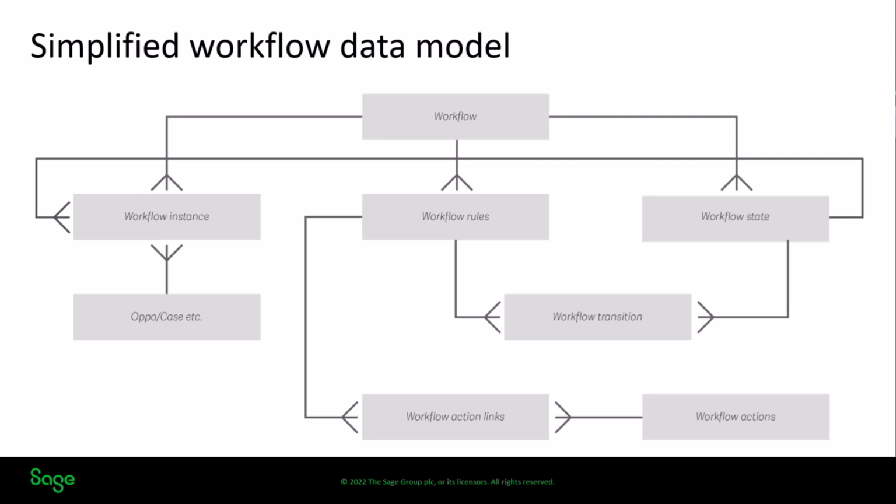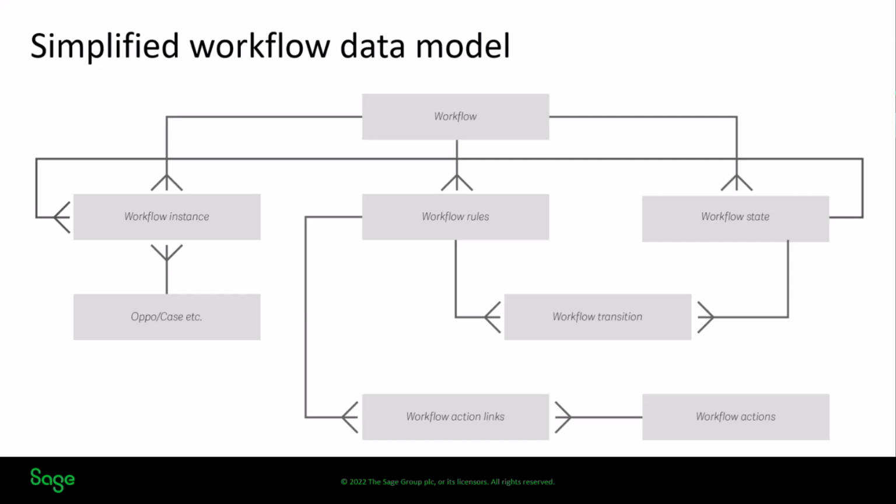When we come on to looking at some subsequent lessons, we'll explore more on how we can programmatically control what's going on in workflow state. The way in which any record intersects with workflow is through the workflow instance table.